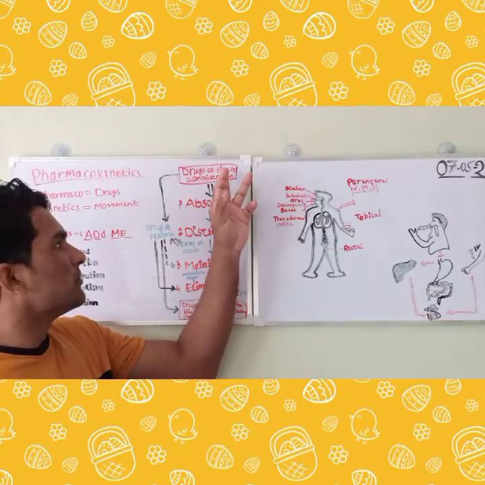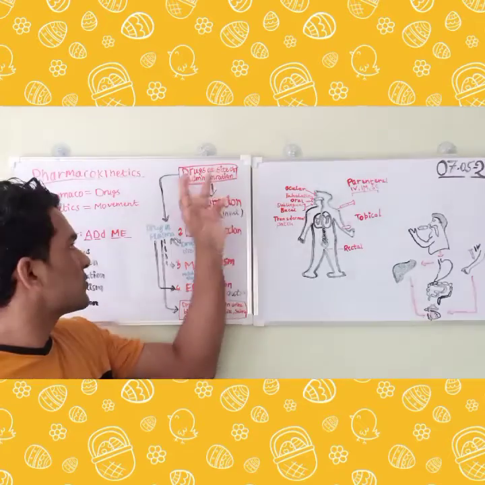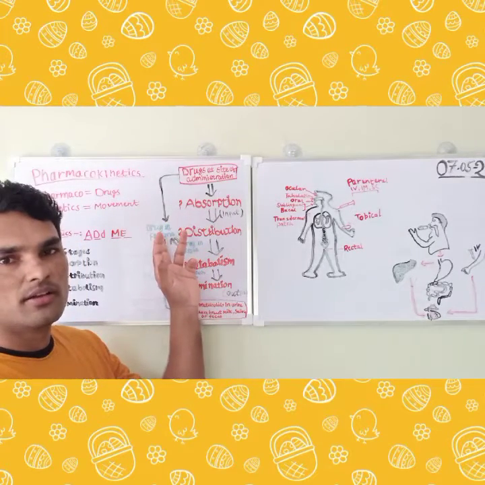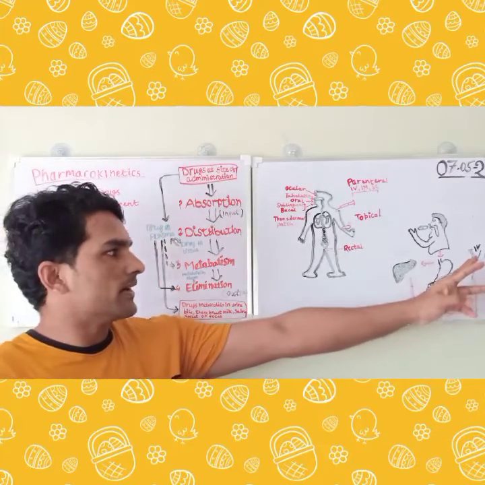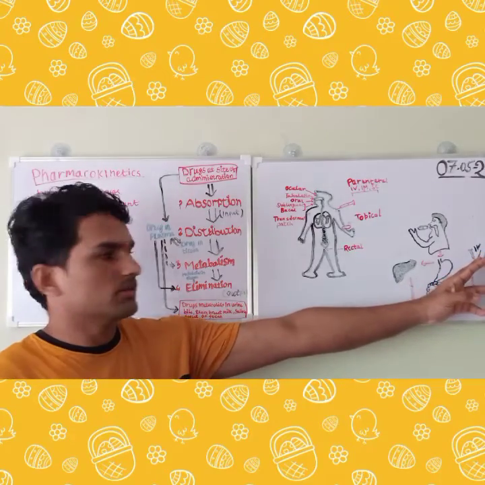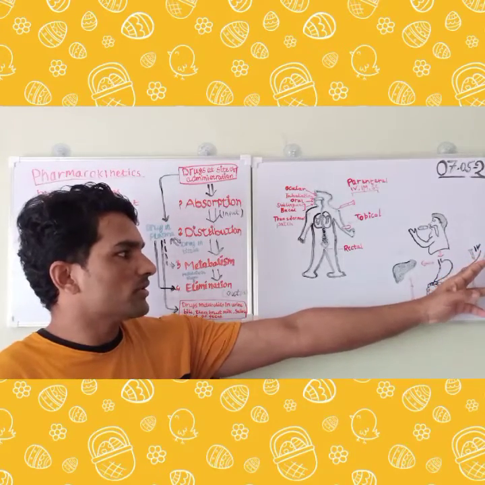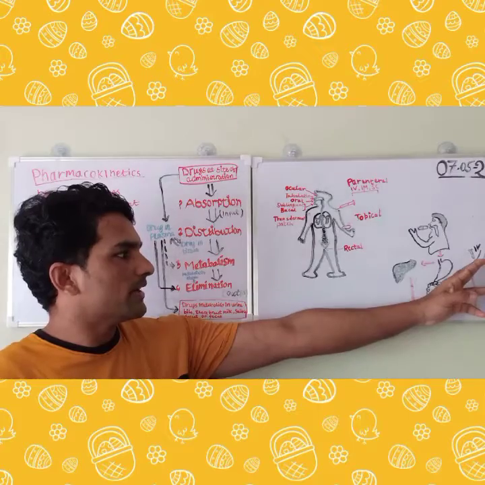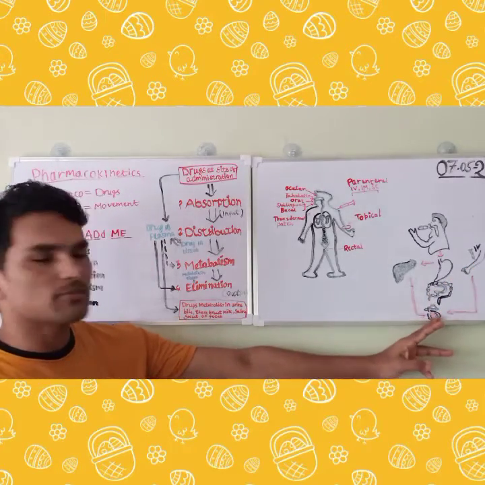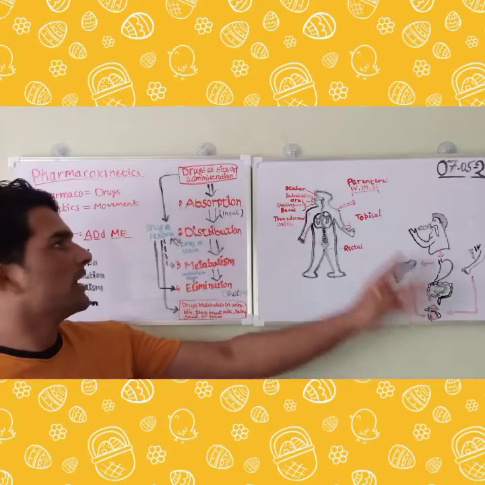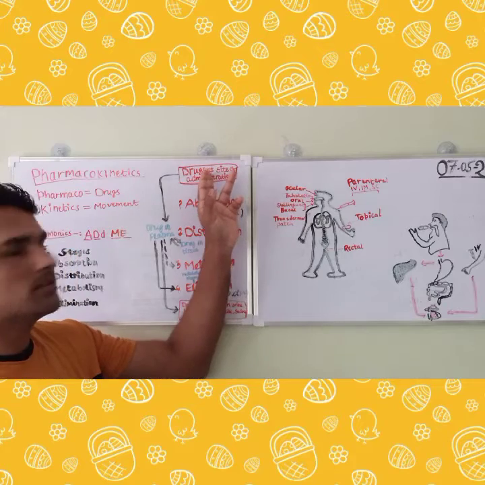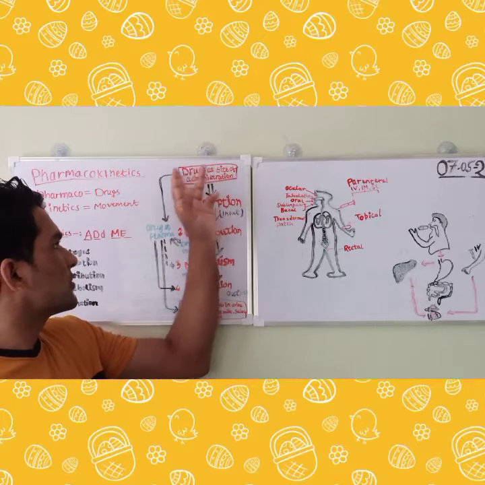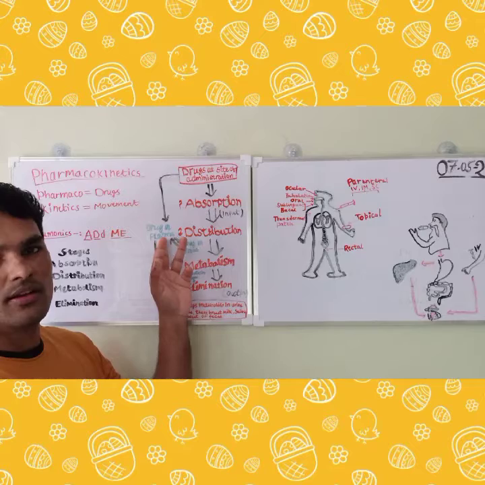But some drugs also go directly to the plasma, right? As I have explained, with the intravenous method, the drug enters the body and goes directly into the systemic circulation. In the same way here, the drug goes to the plasma.